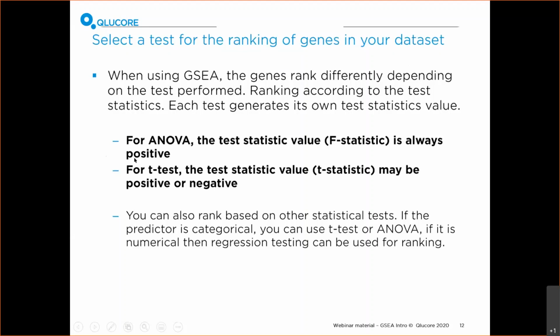In a T-test, or a two-group comparison that we call it, the test statistic value, the T-statistic, may be positive or negative depending on if the genes are upregulated or downregulated. And you can also rank based on other statistical tests. For categorical predictors, you can use T-test or ANOVA, and if it's numerical, then regression testing is used for ranking.